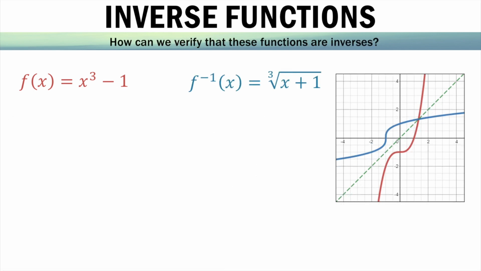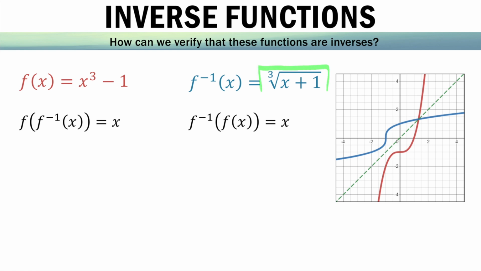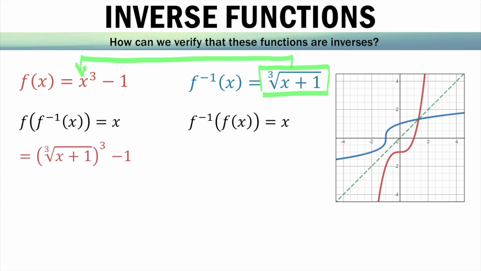Now, how can you verify algebraically that these functions are inverses of one another? Well, you composite them. You plug one into the other. So we'll start by taking f inverse of x and plug it into f of x. So we've got our f inverse, and then we cube it, subtract 1. Now the cube and the cube root undo each other.